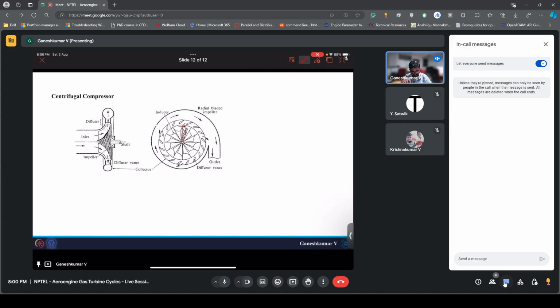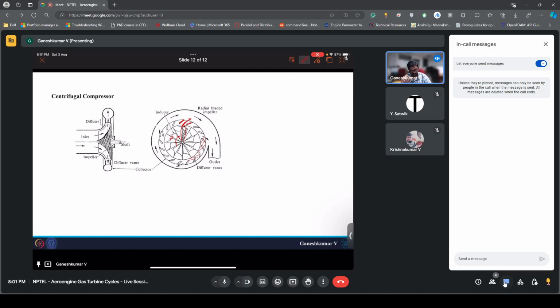Then you also have something called a diffuser. This part here is the diffuser. It is stationary, while the impeller is rotary and will rotate with some omega. When the flow comes, there will be vanes like this, which again guide the flow, and it also has increasing area, which actually increases the pressure again and reduces the velocity.